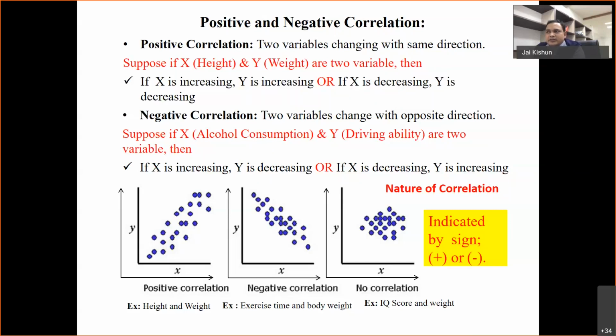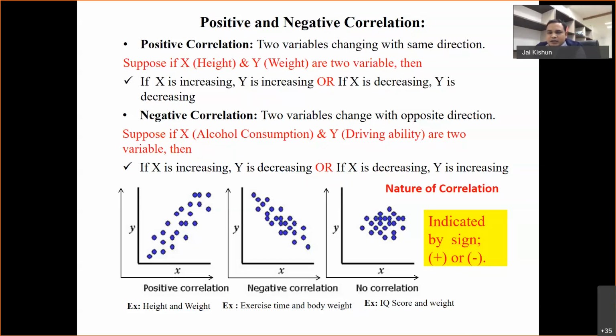And in the negative, one is increasing and the other is decreasing. So the correlation is said to be negative when one variable is changing in the opposite direction. For example, suppose a person is consuming more alcohol, and their driving ability will reduce.